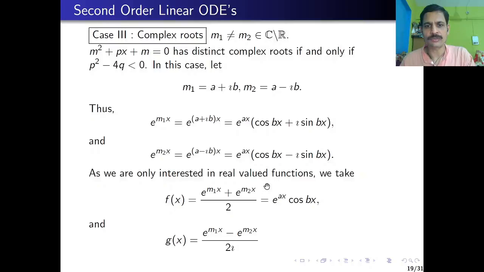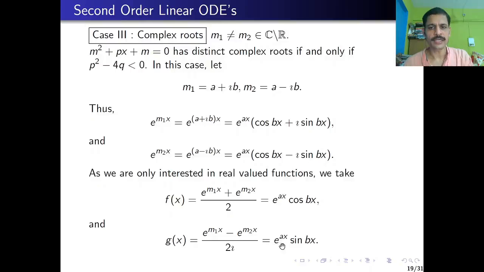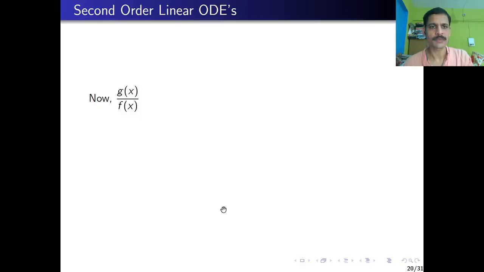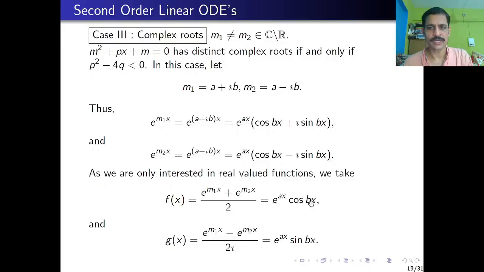So in e raised to m1x minus e raised to m2x, the cosine terms will cancel and we will have 2 times iota sin bx times e raised to ax. When we divide by 2 iota, we get e raised to ax sin bx. Now in this case, we get these two to be the solutions.